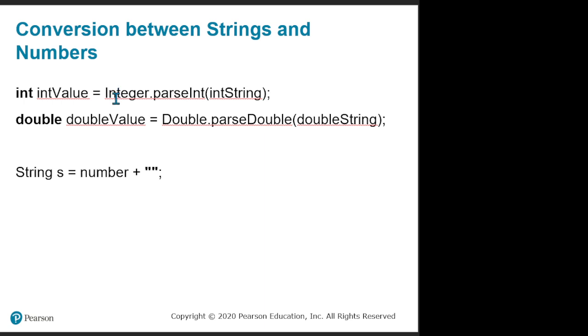And this is what the scanner object was doing for us. The scanner object has a lot of these methods built in, but Java also has some native methods that can be used to parse strings into other variable types.